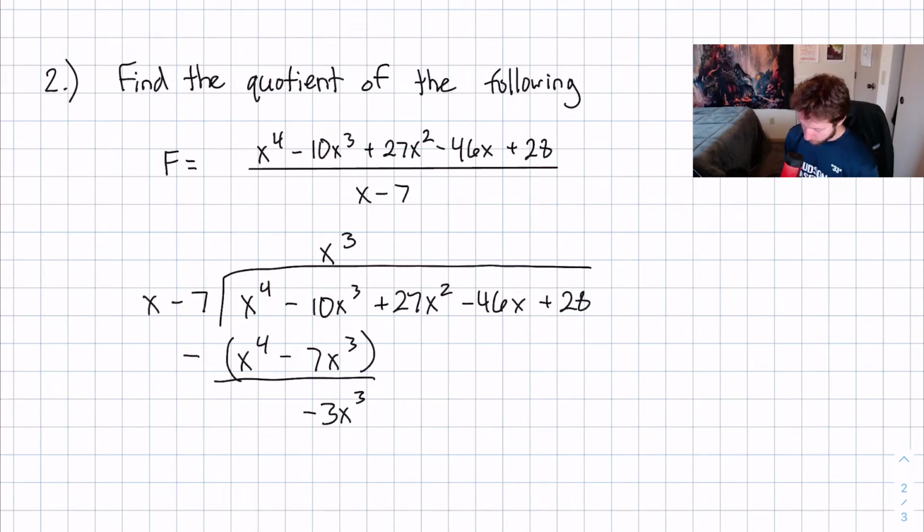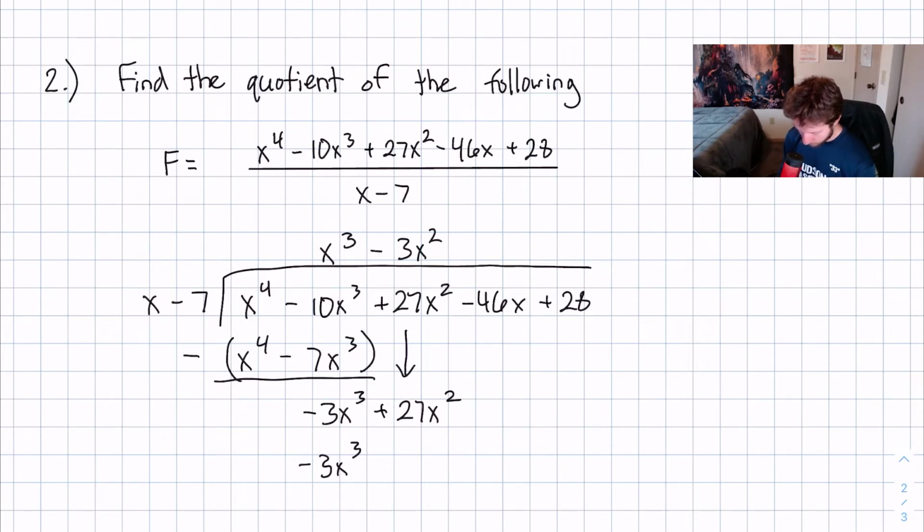So to keep moving forward, you're just going to keep doing the same thing and taking the next term down, which is 27x squared. So the next part, how many times does x fit into negative 3x cubed? That will be negative 3x squared. So put that up here, and then put that down here.